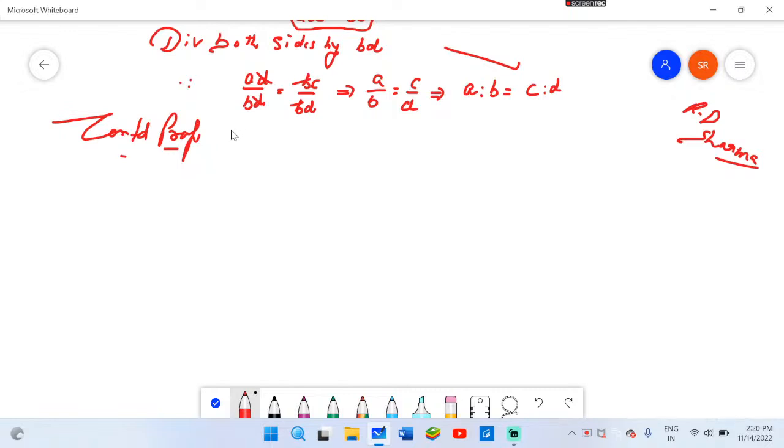So three quantities, let us say A, B and C. Three quantities A, B and C are said to be in continued proportion if the ratio of first and second, A is to B, is equal to the ratio of second and third.